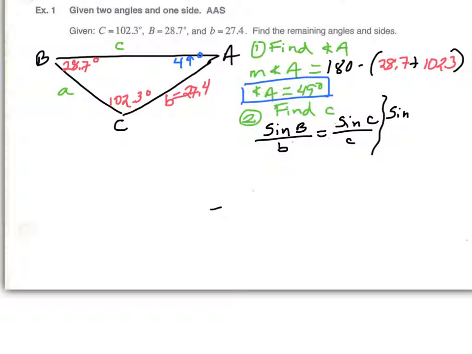All right, so sine of B, I know that B is 28.7 degrees, so I'm putting 28.7 in here, divided by side B, which is 27.4, equals sine of C. Okay, this is making me mad now.